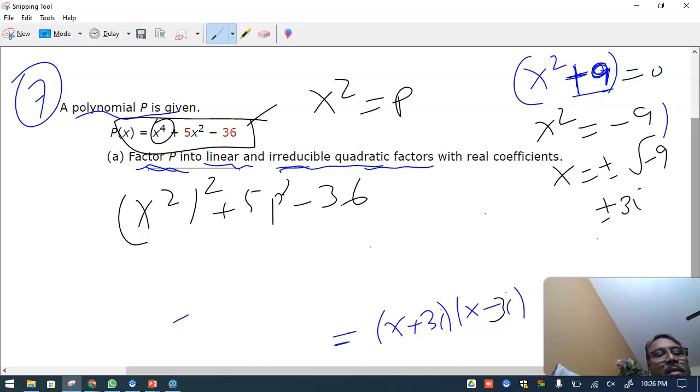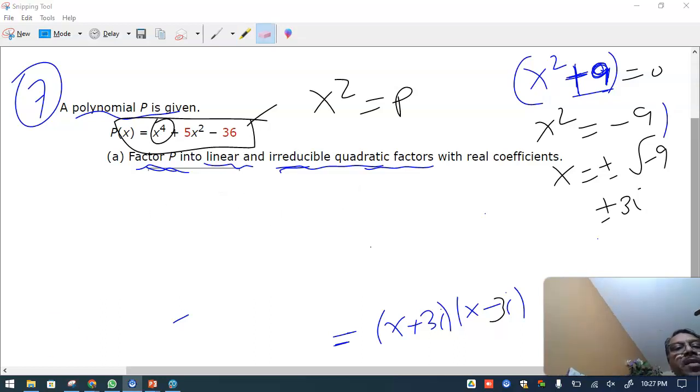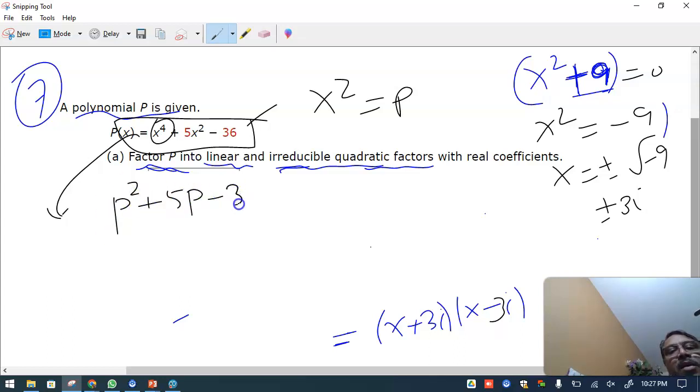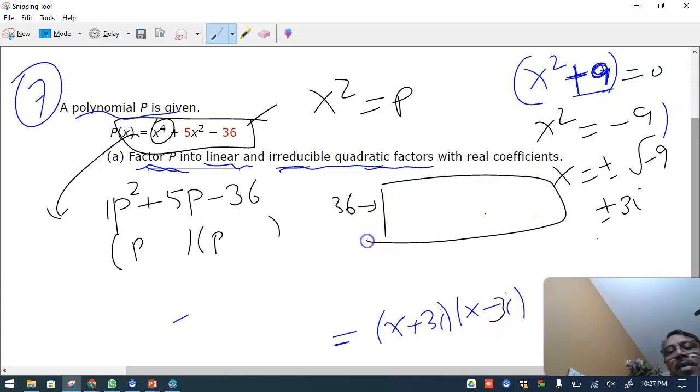This will be p squared plus 5p minus 36, and you can see there's a 1, so we can easily put p and p. And there's a 36, we can split into a lot of pairs: 1 times 36, 2 times 18, 3 times 12, 4 times 9, 6 times 6.